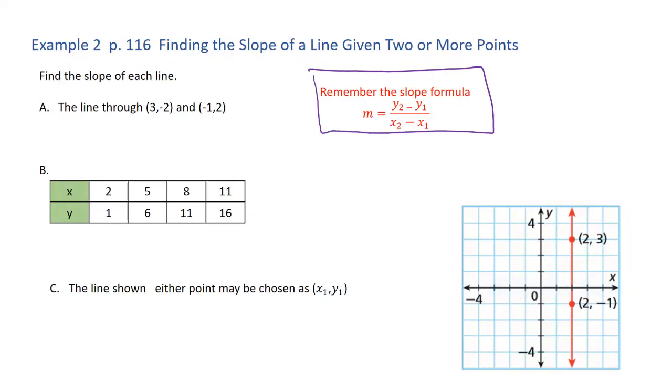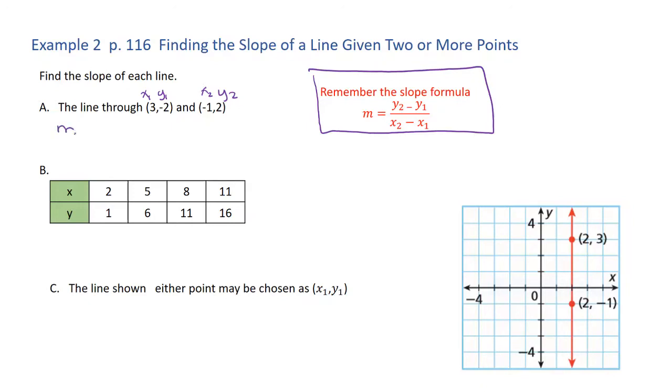So I'm going to call my 3 x1 and my -2 y1, and my second one x2, y2. It doesn't matter, I could have said this was x2, y2 and this one was x1, y1.